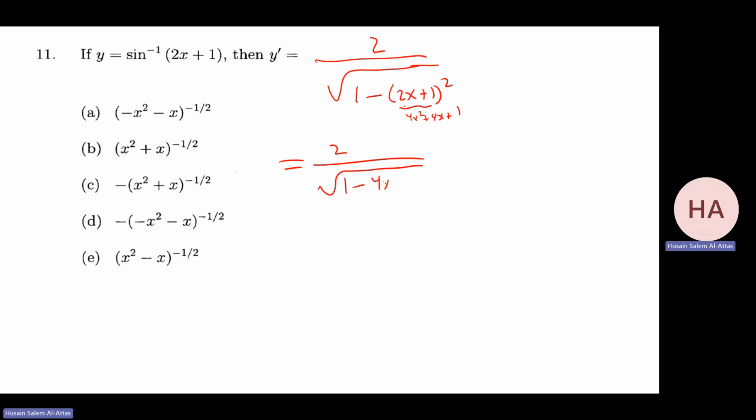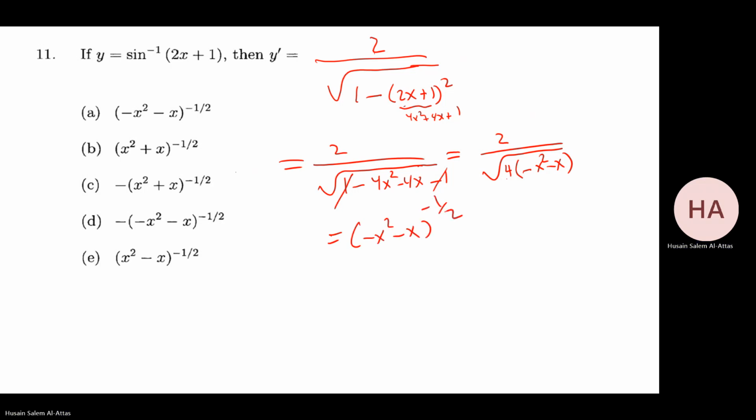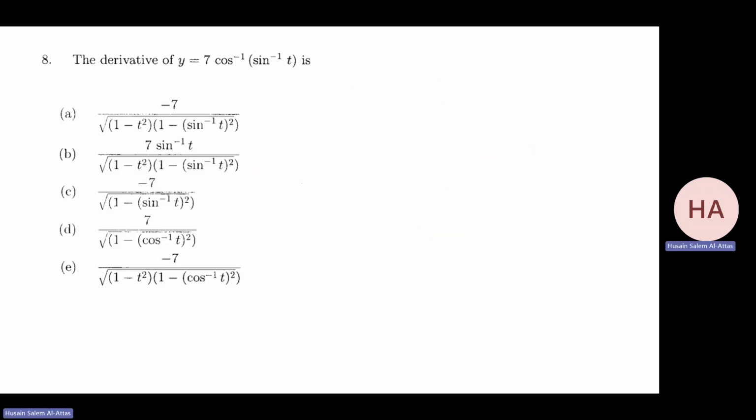So it's minus 4x squared minus 4x minus 1. So this is cancelled. So I have 2 over square root. I can take 4 as a common factor. The remaining is what? Minus x squared minus x. So this will go out as 2, cancelling with the upper one. So I have (minus x squared minus x) to the power minus half, which is this.